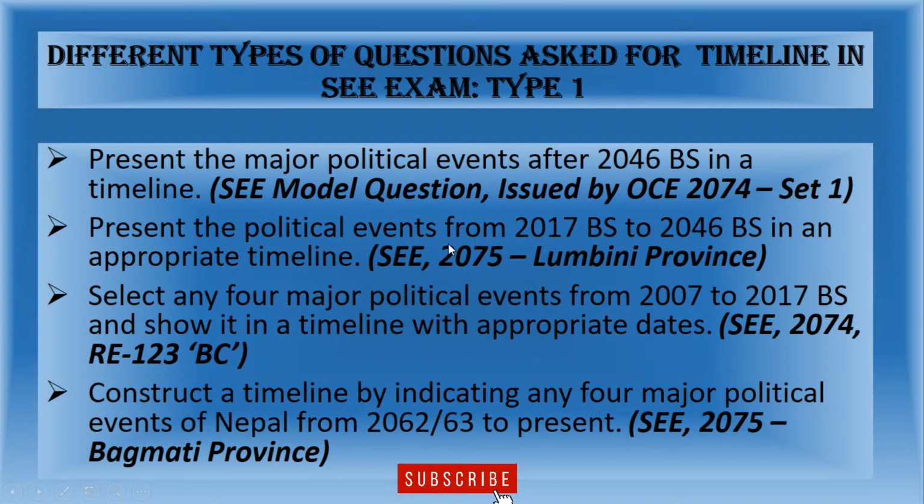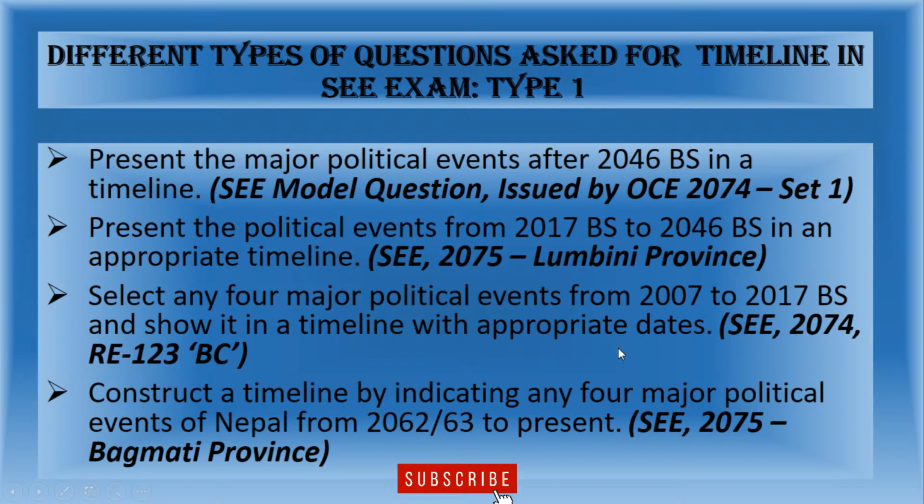In these two questions, dates are not asked. It means you can make the timeline with only the year, that is okay. If you know, you can also use the full date. There is a choice in the first and second questions. But in the third question, the question has clearly stated to show the timeline with appropriate dates.